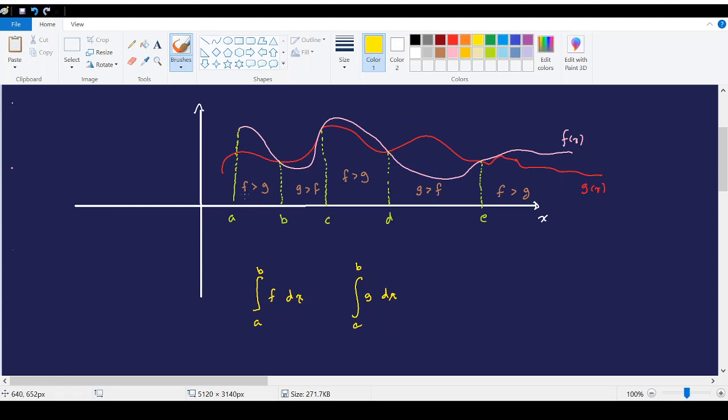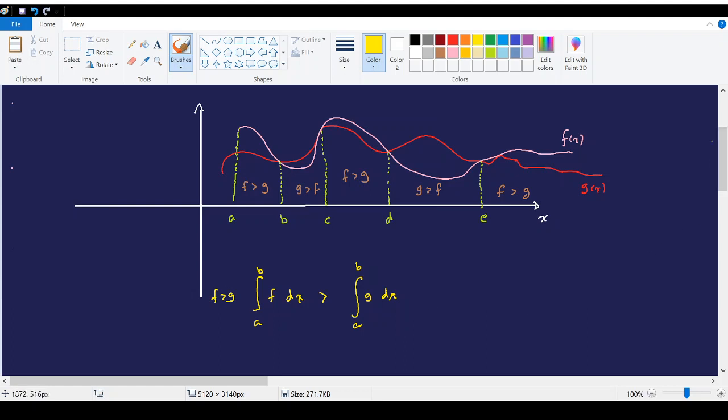Here we saw that the function f(x) is greater in between A and B. So that means f will cover a larger area than g, so we have this relationship. And here within this region g is greater, right? So in this case f was greater than g.